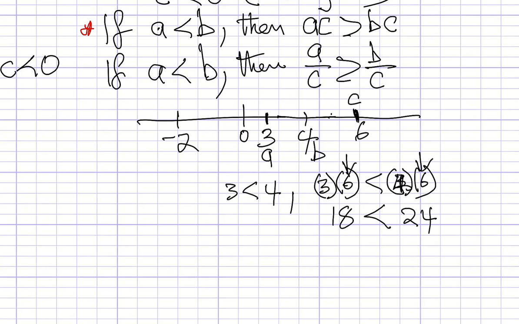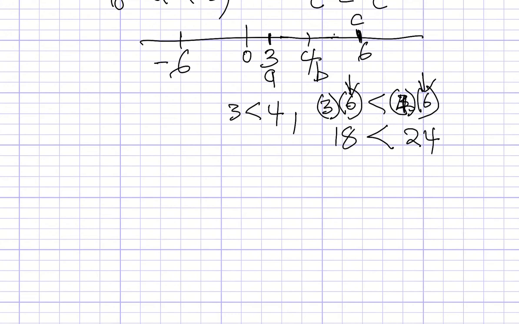Now let's say 6 is negative. We have negative 6 over here. What happens? You have 3 times negative 6, and 4 times negative 6.